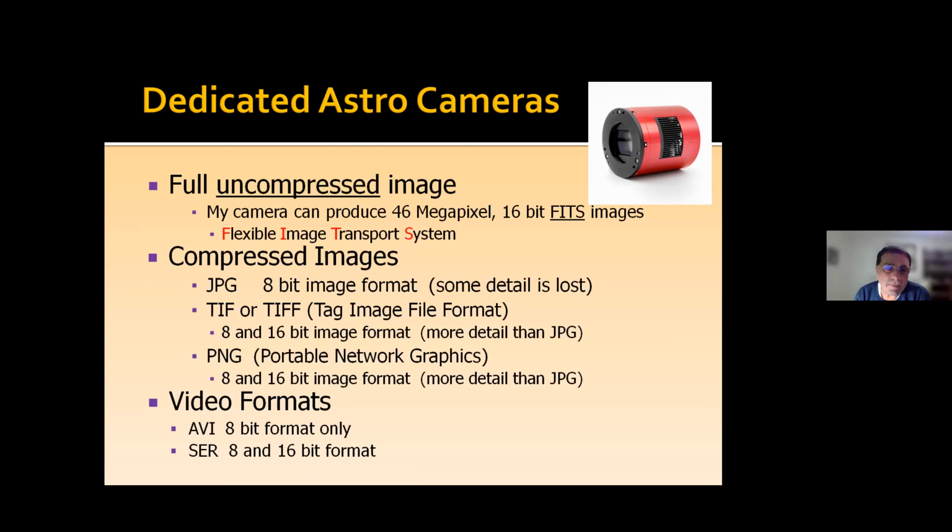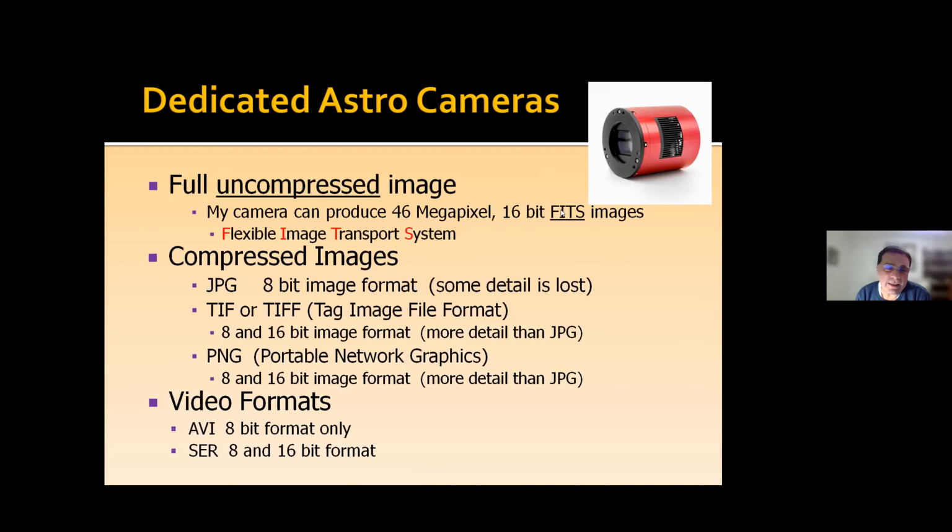Okay. Between TIFF and PNG, they're both compressed. I thought they were uncompressed, TIFF and PNG. They may not be compressed, but in the image format that they're in, something is done to them because they're considerably smaller than a FITS image.